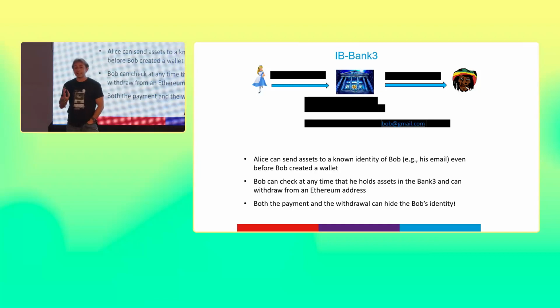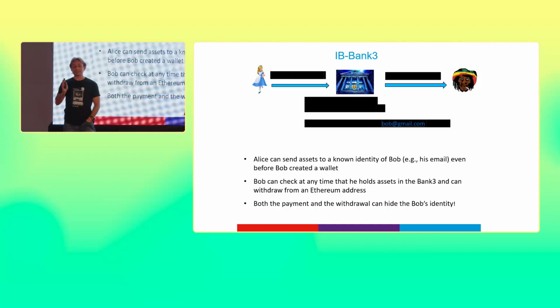But here, like before, there is another property that we want to achieve. It would be very annoying for Bob if, before or after withdrawal, it were known that the transaction was for Bob's email. The property we achieve here is that the email specified by Alice is hidden forever.